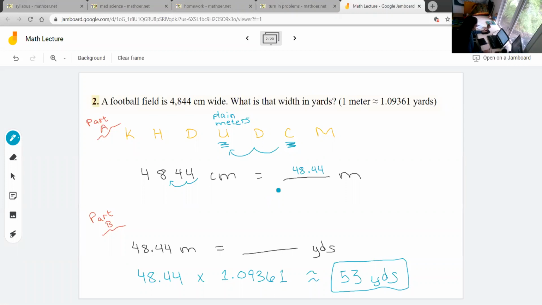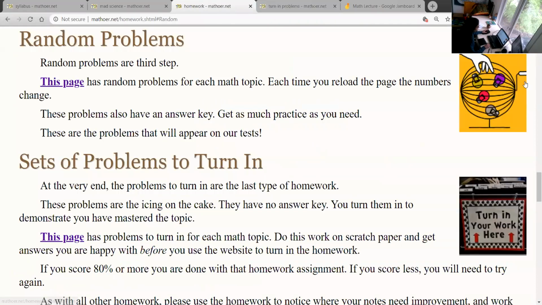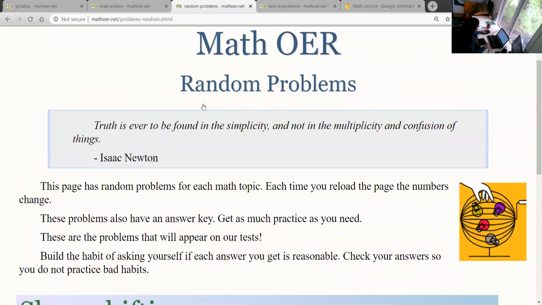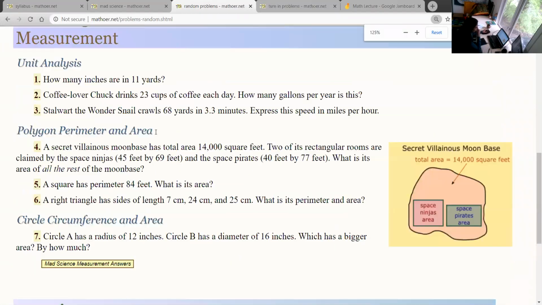Another homework question. Since people aren't doing percent, then let's just keep looking at the random problems for measurement. So these are the kinds of things that might appear on the test based on what we've been doing recently.